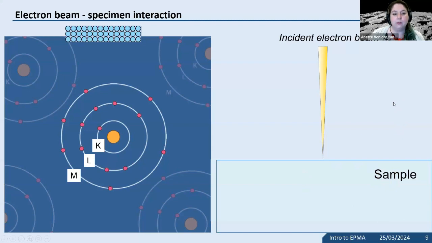And when that happens, we generate different signals, hence the need for different types of detectors. So up here, this is supposed to be the electron beam. If electrons come down on our sample, different things can happen. The first thing is essentially we can miss all the atoms and the electron is just transmitted.